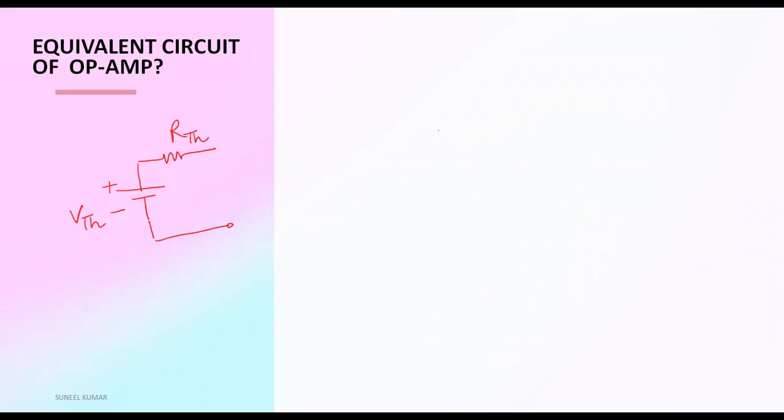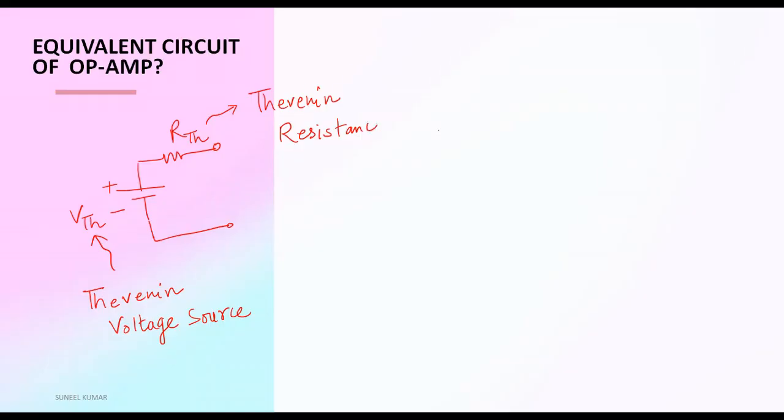This VTH is called the Thevenin voltage source, and this RTH is called the Thevenin resistance, and we can connect the load here as required.